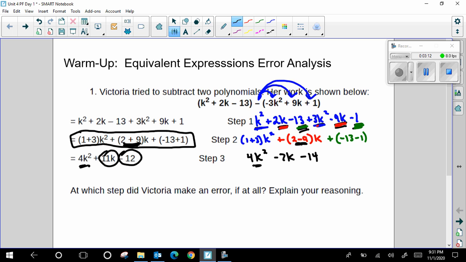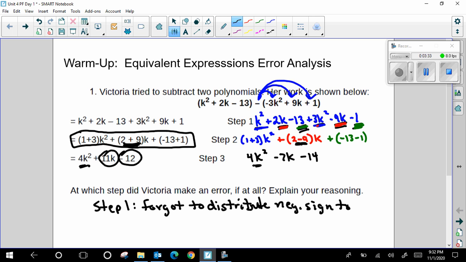So she forgot to distribute in step 1, forgot to distribute the negative sign to all three terms. She forgot to distribute it to the 9k and the plus 1.